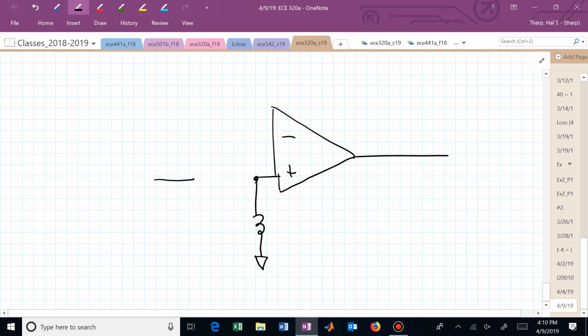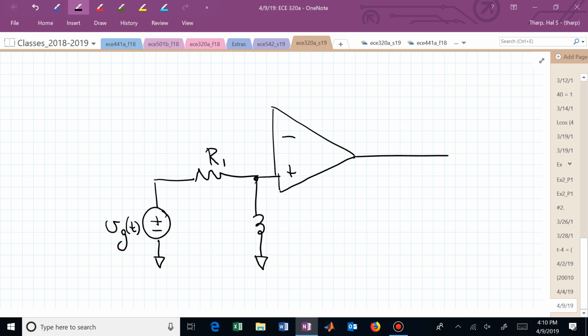Then I'm going to put a resistor here, and I'm going to apply my input waveform right here. Let me call this V sub G of t. Right now, okay, but I would really like to have negative feedback so that this op-amp circuit operates in a linear fashion.